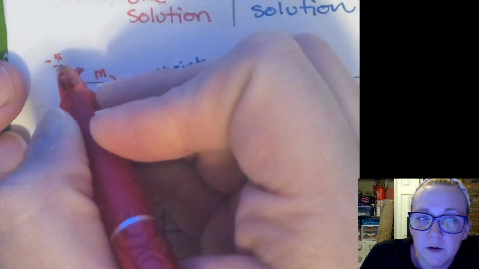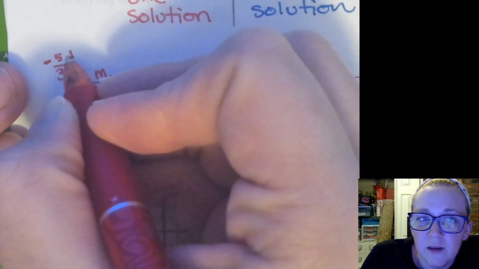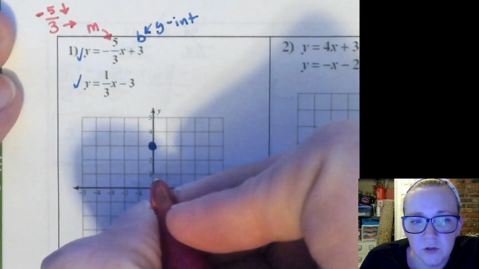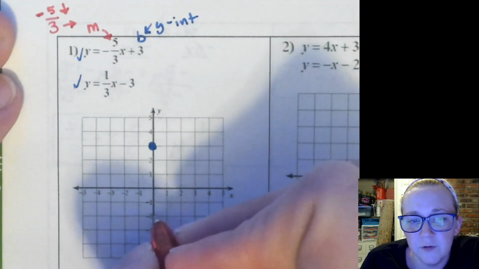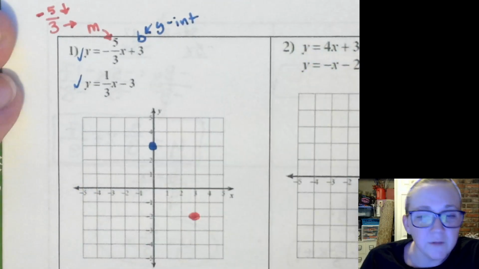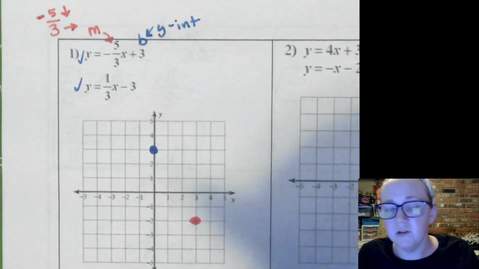The top number, because it's a -5, is how far down we're going to go. So from our dot, we're going to go down 1, 2, 3, 4, 5, and to the right 1, 2, 3. If you have enough room to do it again, do it again. I don't, so I'm just going to leave it at that.